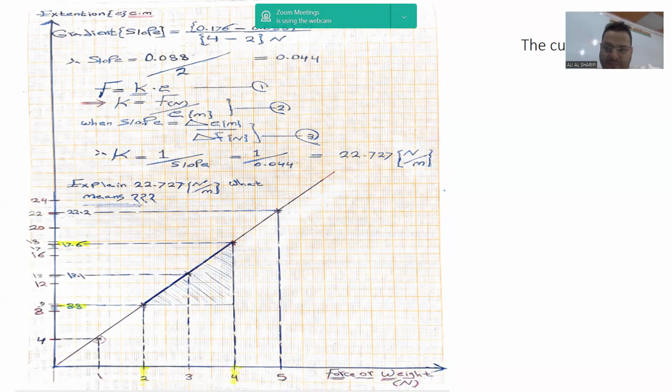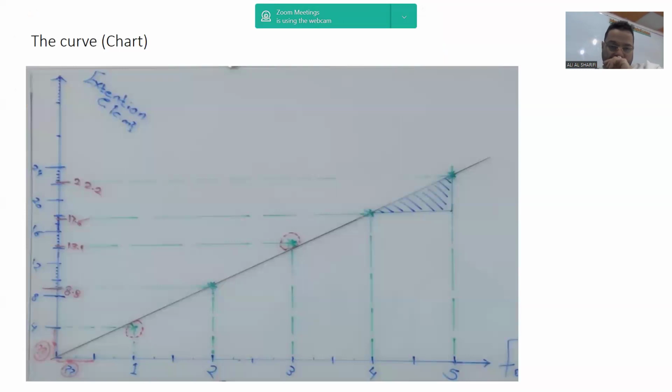Let's take another picture. Actually, I took this picture from your whiteboard. I plotted this curve using the same numbers on the whiteboard, and I plotted my line.